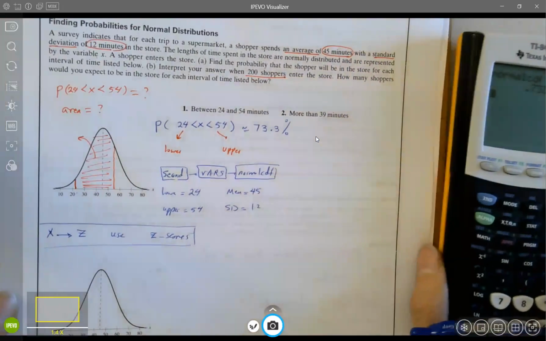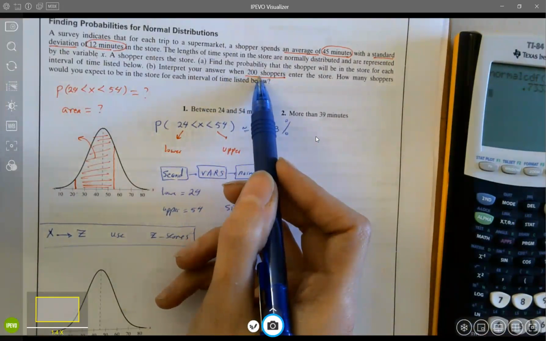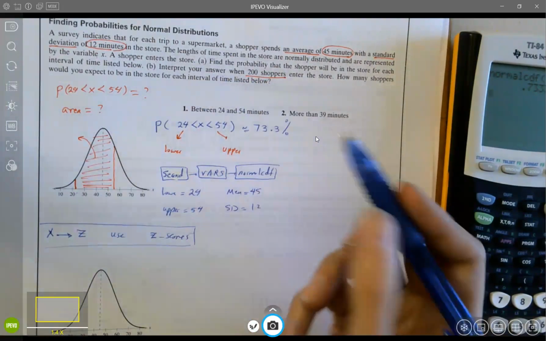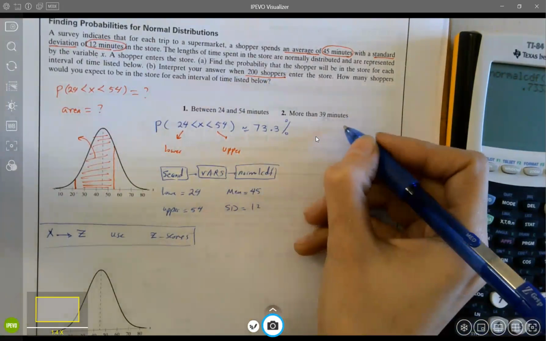Part B of the question says, what if you have 200 shoppers all at the same time in the store? We know that the probability is 73.3%.